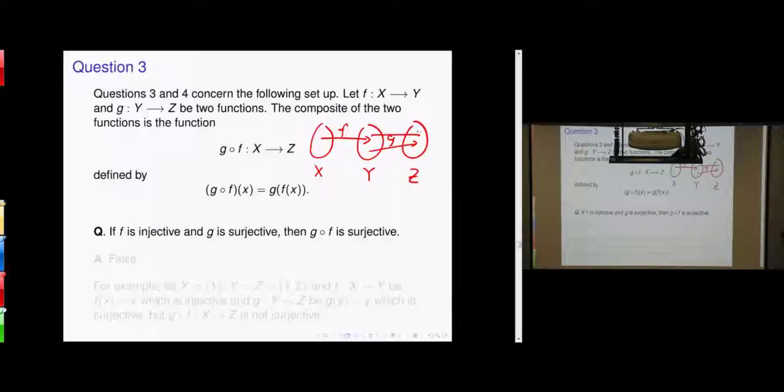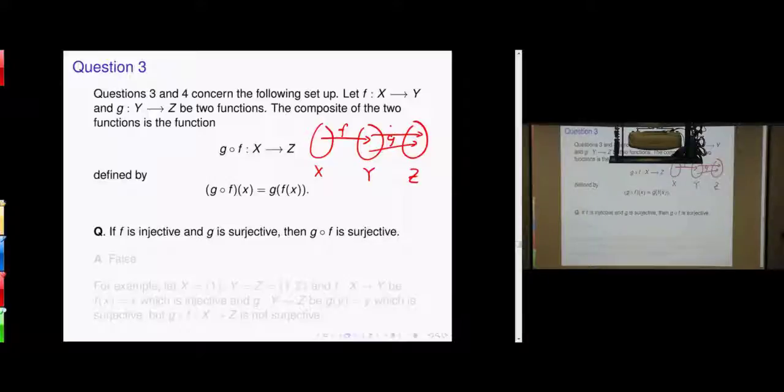Now you want to calculate the so-called composite. The composite is a function whose domain is the first region, and the codomain is Z, here. So the definition is clear.